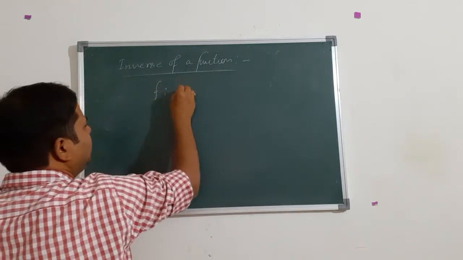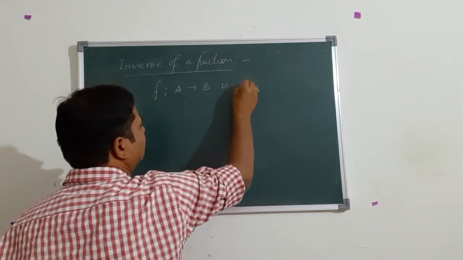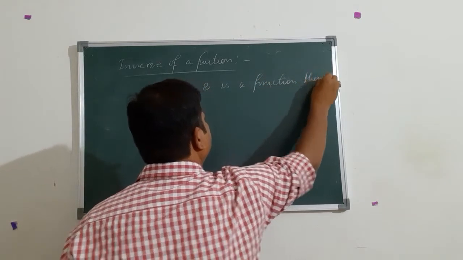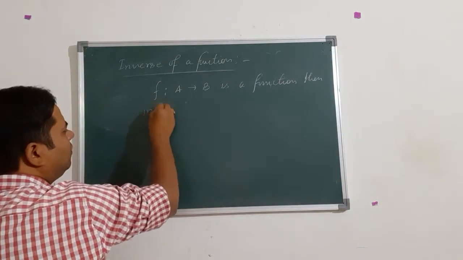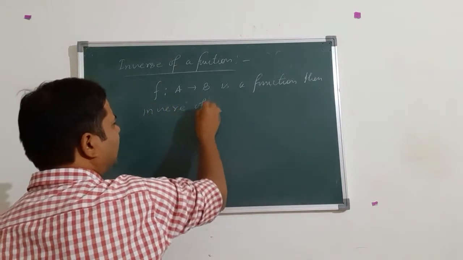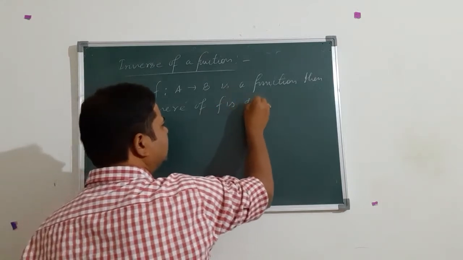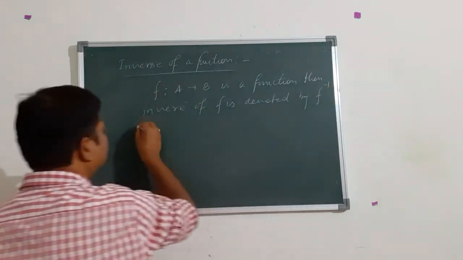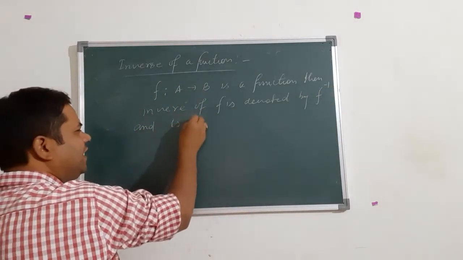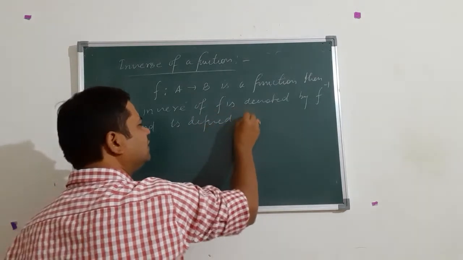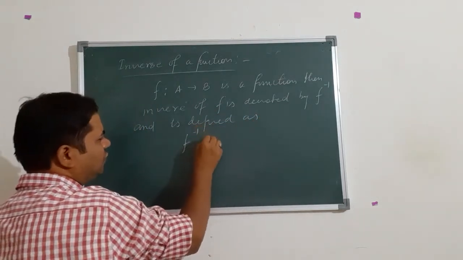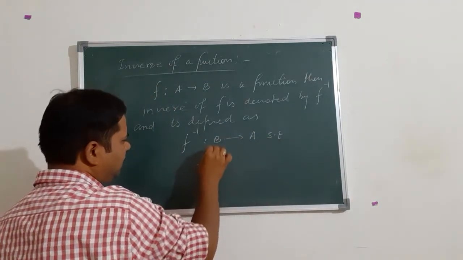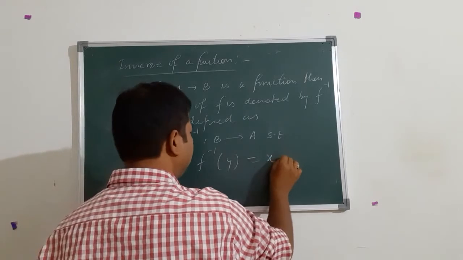If f from A to B is a function, then the inverse of f is denoted by f inverse and is defined as f inverse from B to A such that f inverse of y is equal to x.